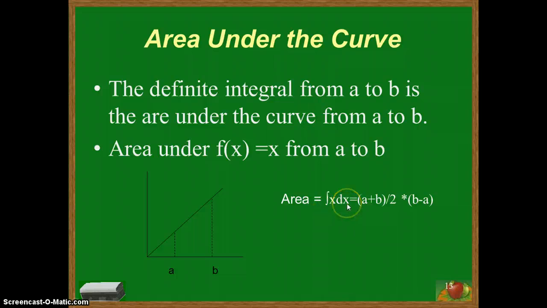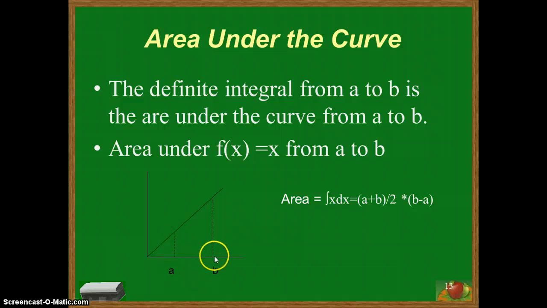That would be equal to the area, and in this case this is a trapezoid. If you remember, the area of a trapezoid is the top base plus the bottom base, divided by 2, times the height. Let's look at this for a minute. The top base here would clearly just be a, because we're at a, and since y equals x, the height would be a also.